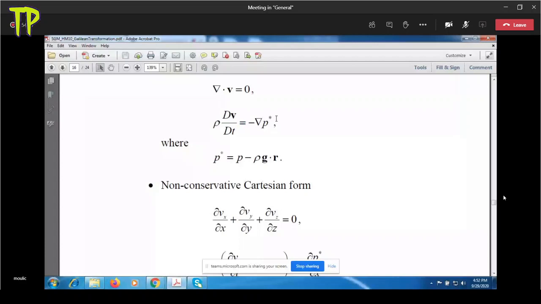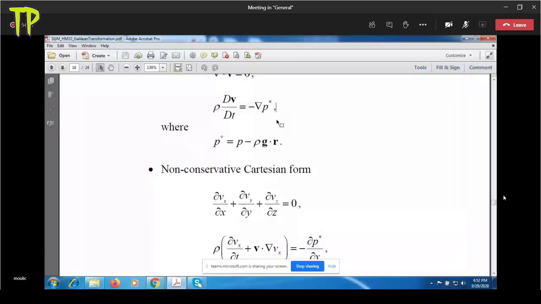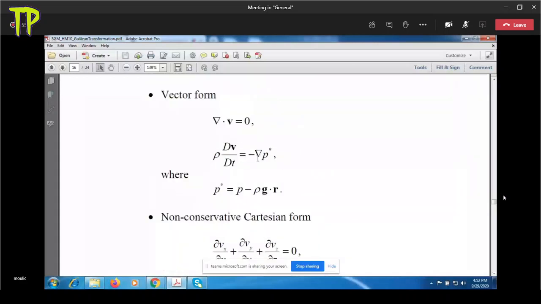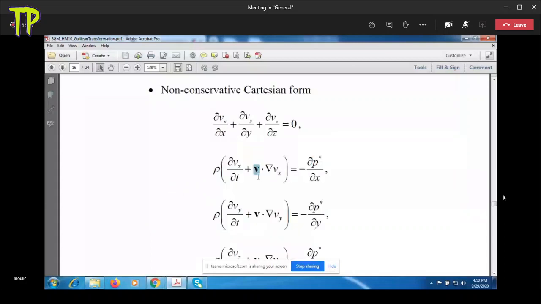Let me write it in the Cartesian form. This second equation is a vector equation. It has three components, so there are three scalar equations: the x momentum, y momentum, and z momentum equations.